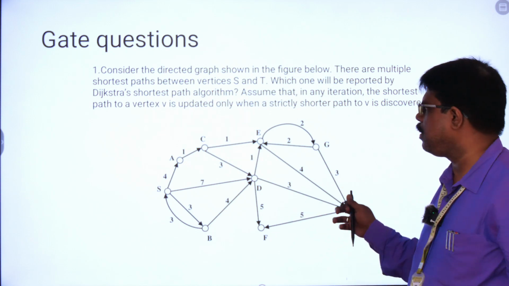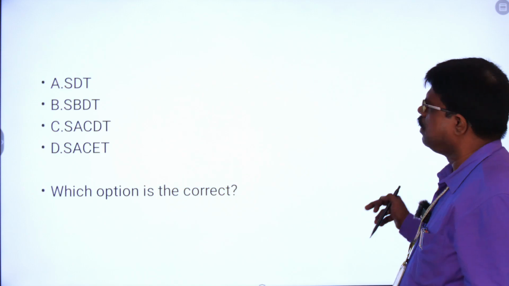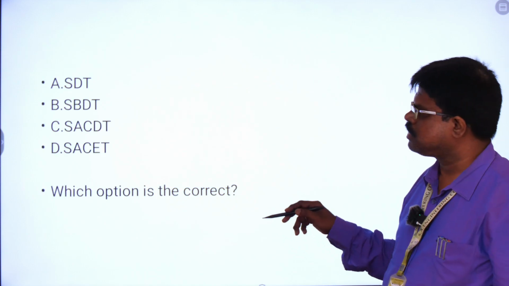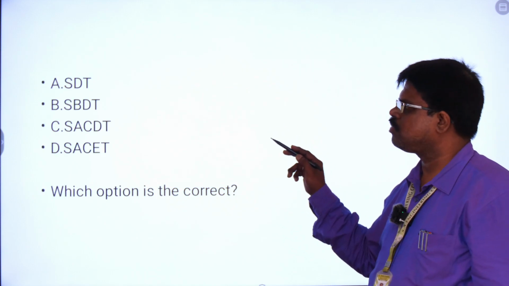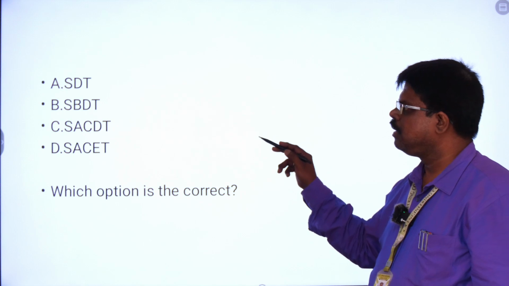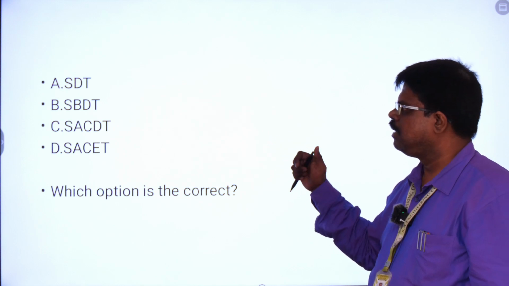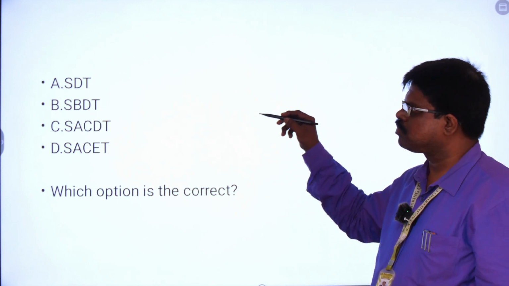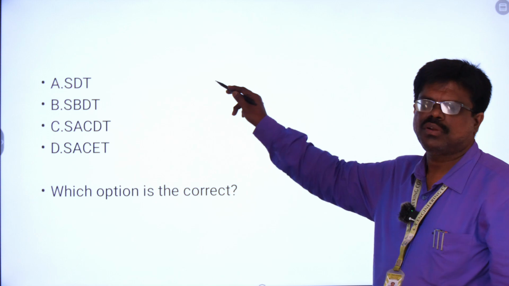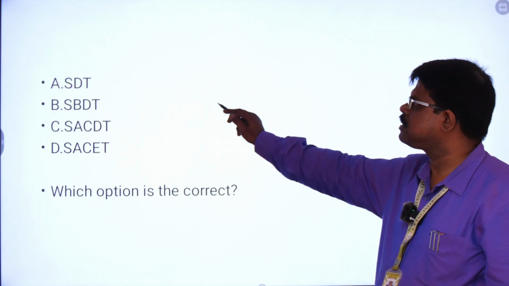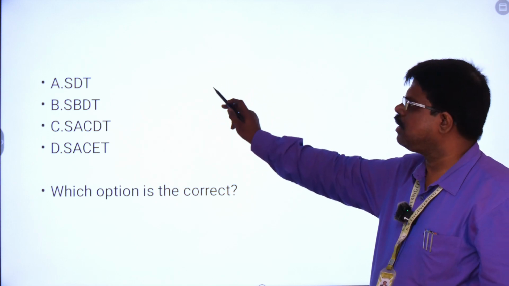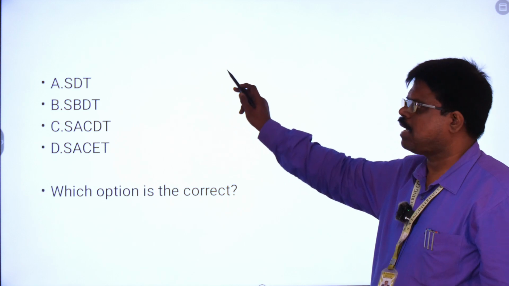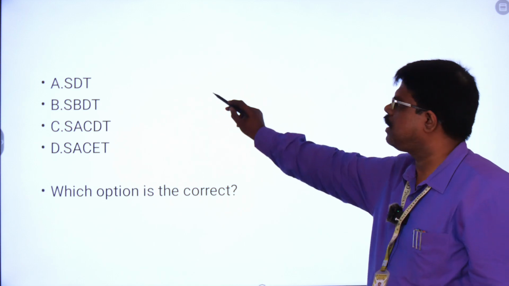So now we will have various solutions. The first solution is SDT, the second solution is SBDT, SACDT and SACET. So these are the various options given. For each option you have to find out the distance. For the first, SDT, after adding the neighboring nodes you get 10.